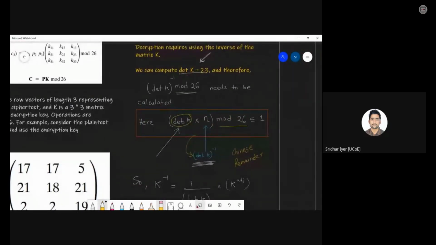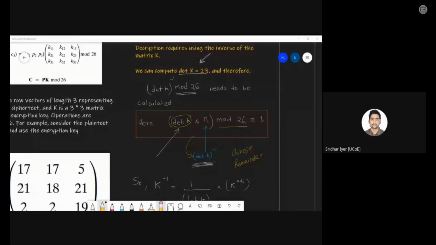With the help of the determinant value, we are calculating the determinant K inverse. Harsh, is it fine? Jimit, is it fine now? Okay. The same example only we are solving, and at the end we will get the answers. Fine. So determinant K inverse you have to obtain.